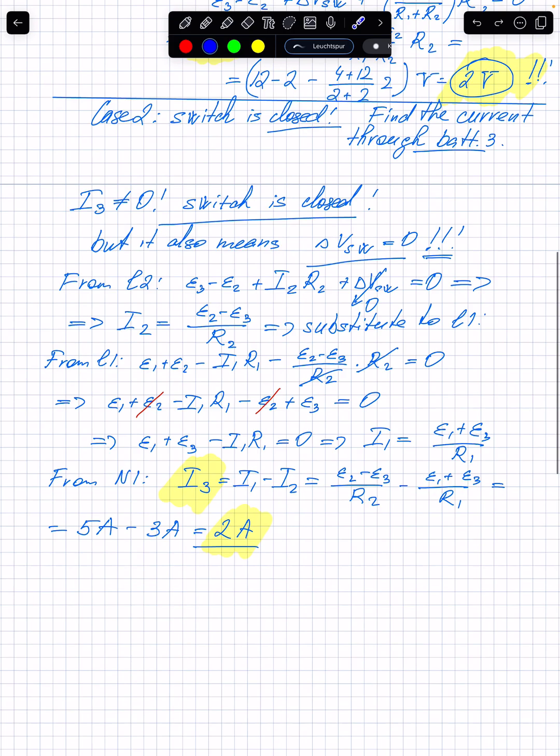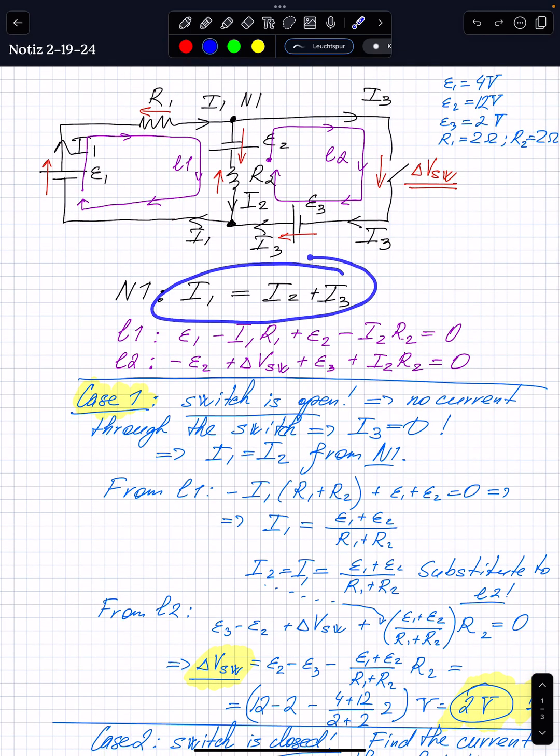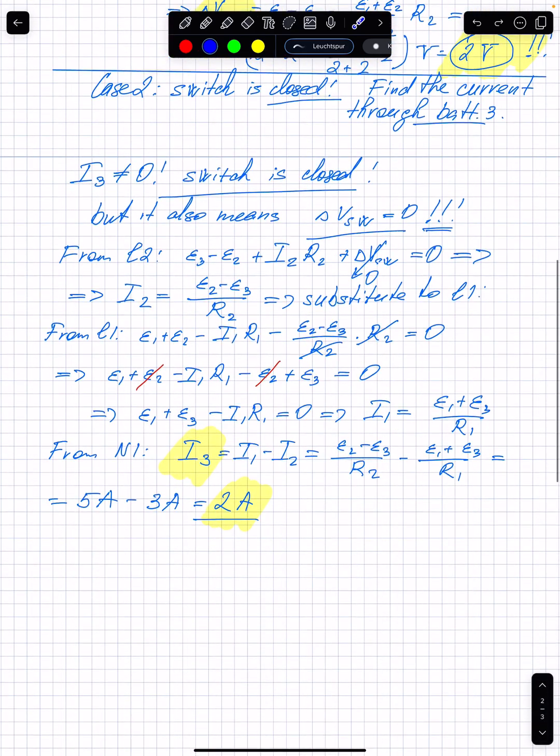So now I found I2, I found I1. But remember that the node equation combined I1, I2, and I3. From this equation, I will be able to find I3. I3 is going to be I1 minus I2.